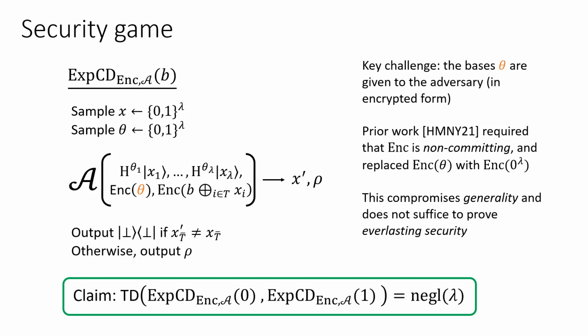And also, when we move from a hybrid from an encryption of theta to an encryption of 0, that's a computational hybrid switch. So that's not going to suffice to prove this claim at the bottom. It's not going to suffice to prove everlasting security. We want to come up with a hybrid argument where all the hybrid switches are statistical, because what we're proving is a statistical claim.